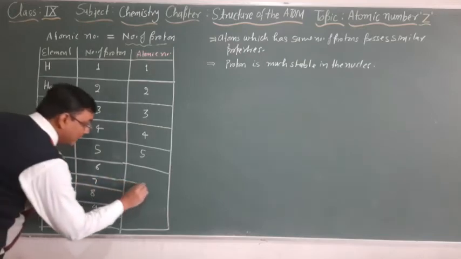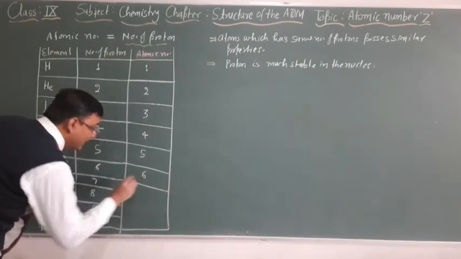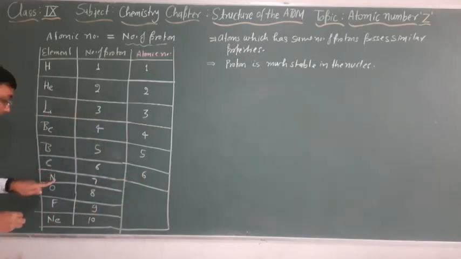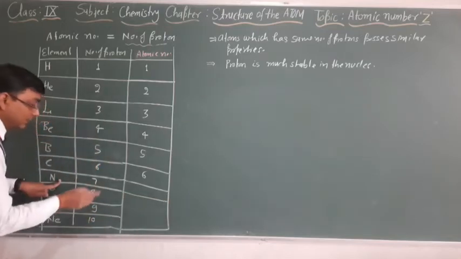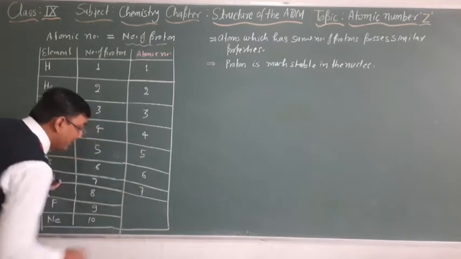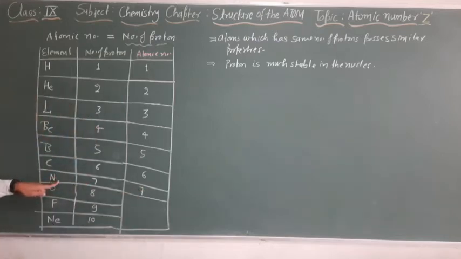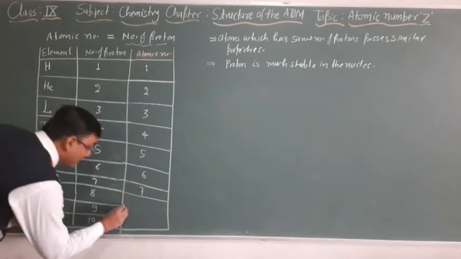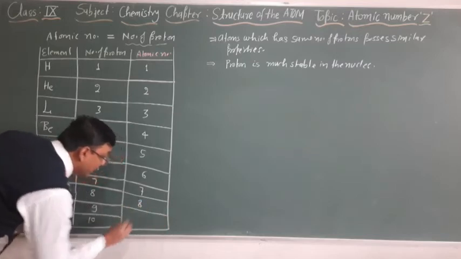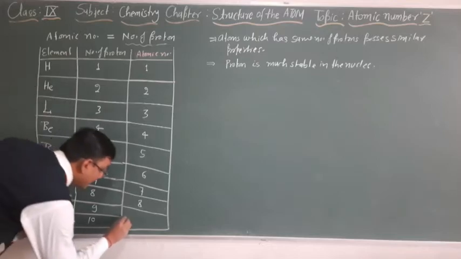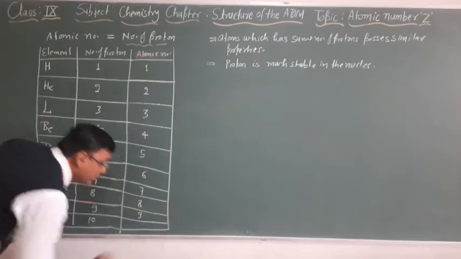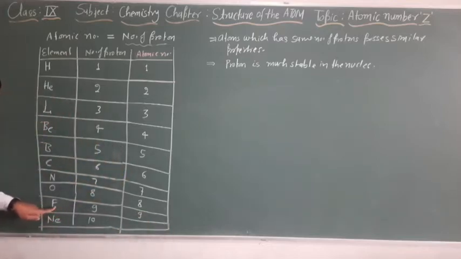Carbon has 6 protons. That's why the atomic number of carbon is 6. Nitrogen has atomic number 7 because the atoms of nitrogen have 7 protons. Oxygen has atomic number 8 because the number of protons present in oxygen is 8. Fluorine has atomic number 9 because the atom of fluorine has 9 protons in its nucleus.